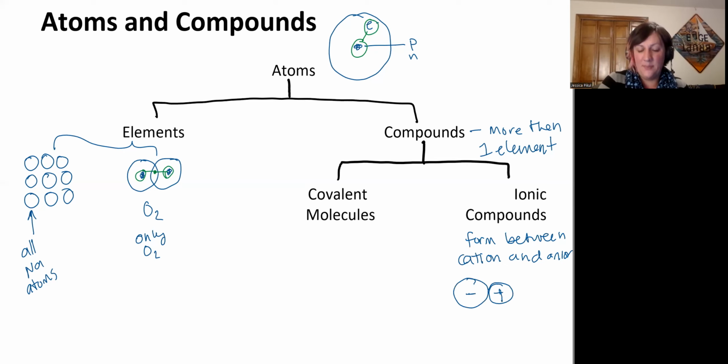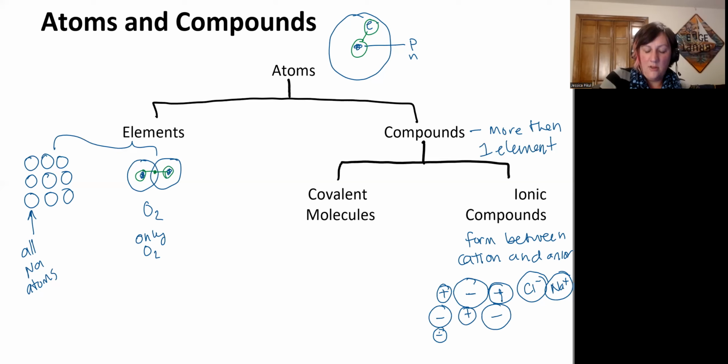An example of this might be a chlorine and a sodium plus next to each other. And now it's usually not just two atoms next to each other, but instead it looks a lot more like the solid, where it's going to be lots and lots of these. And they're going to alternate.